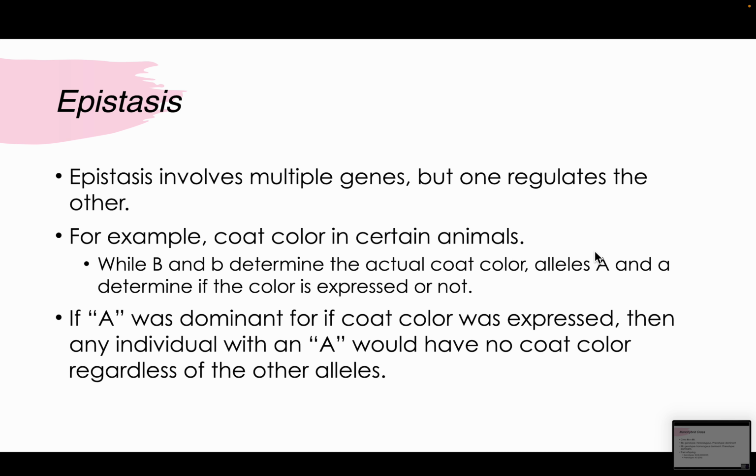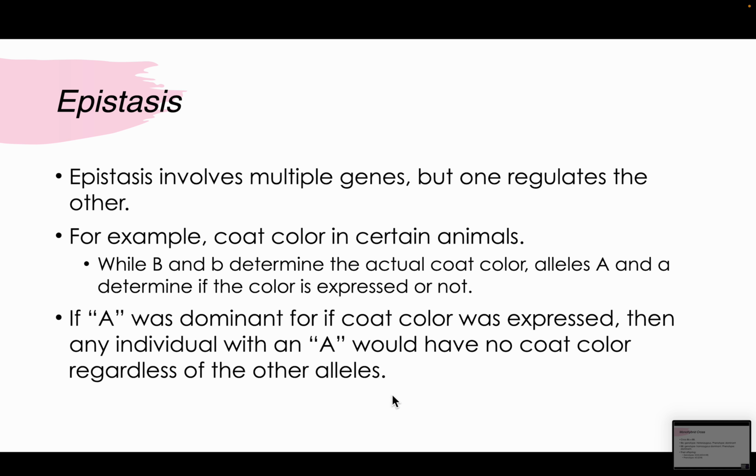So let's say if I have a capital A, that would make my organism albino. So first I have to see if it would have a color at all, and then I can go on and determine this. So if I had at least one capital A for this example, my organism would be albino. Doesn't matter. This no longer matters at that point.